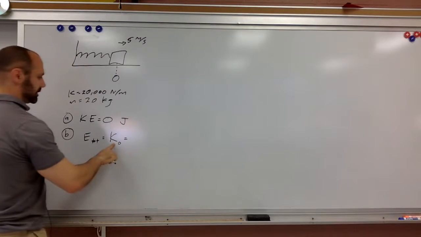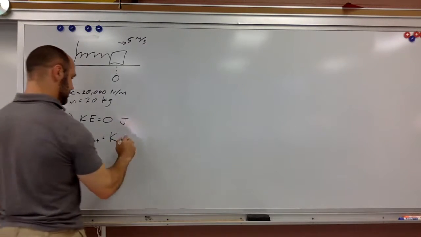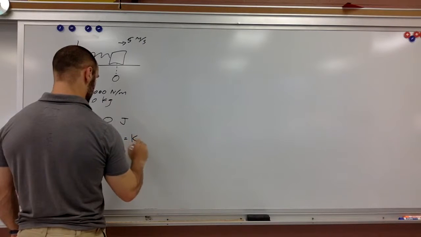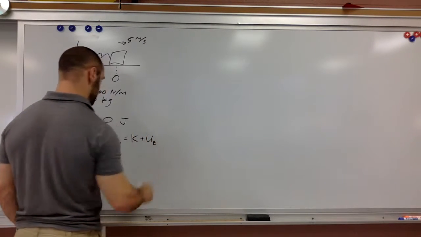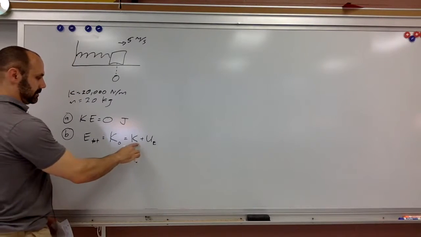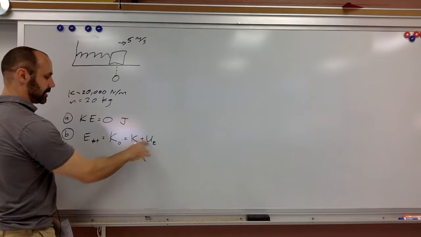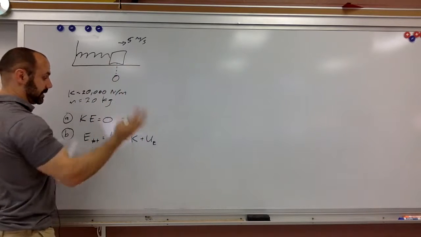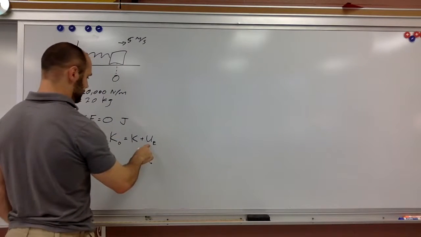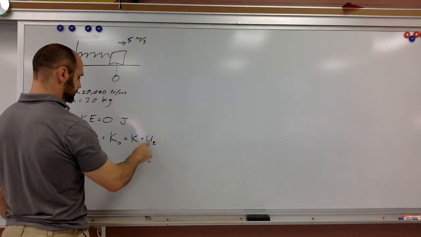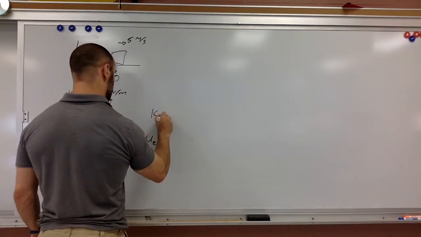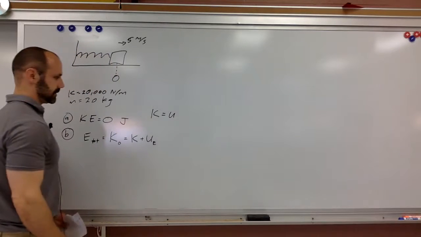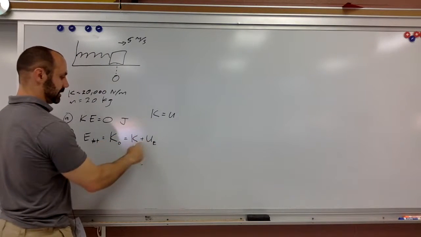And then what I want to know is, where then is the kinetic energy equal to the elastic potential energy? Since K and U are equal to each other at whatever point this is, I'm just going to set K and U equal to each other. Since K equals U, then I can substitute one of these in here.